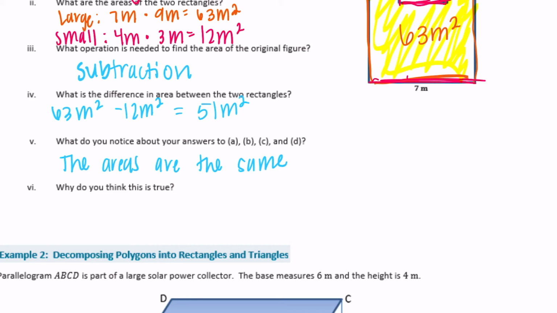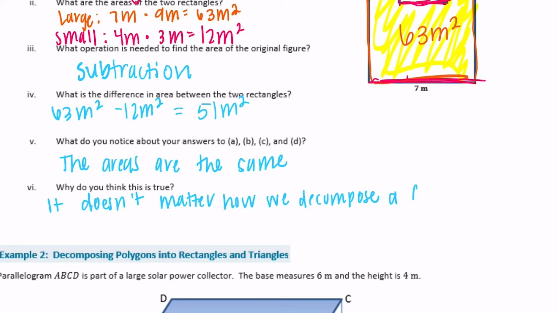Because we can decompose a figure in different ways and get the same answer. Let's say it doesn't matter how we decompose a figure, the area will always be the same.